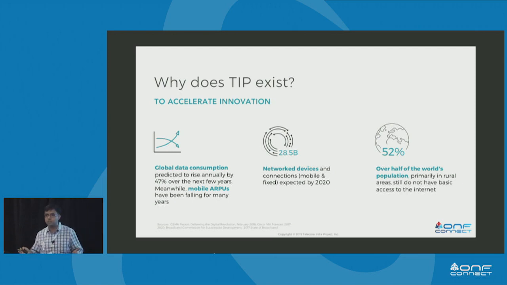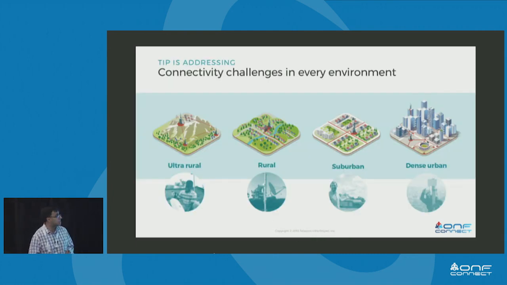The current approaches that have been taken are not sustainable, so therefore these folks aren't connected. How can you actually ultimately bring them onto the internet? And that's really the fundamental reason why there's a focus in TIP to really bring better quality networks, which are cost effective, and ultimately improve the quality of service for people and make sure that the internet is accessible to all, right? So these are the fundamental tenets of why TIP is in existence.